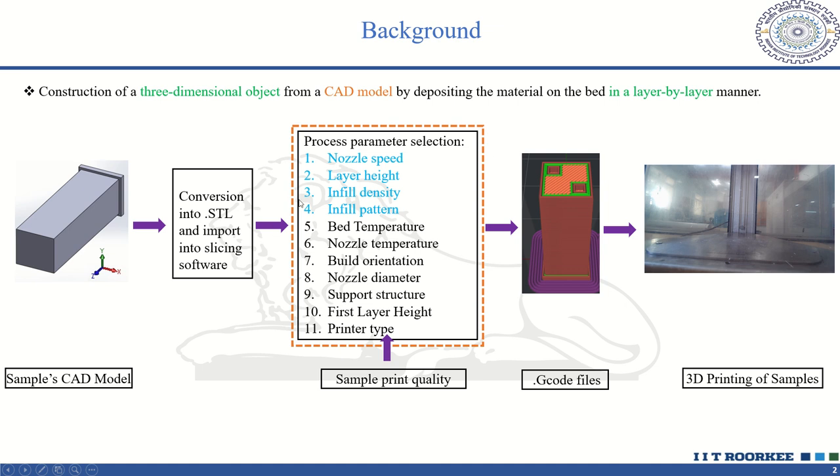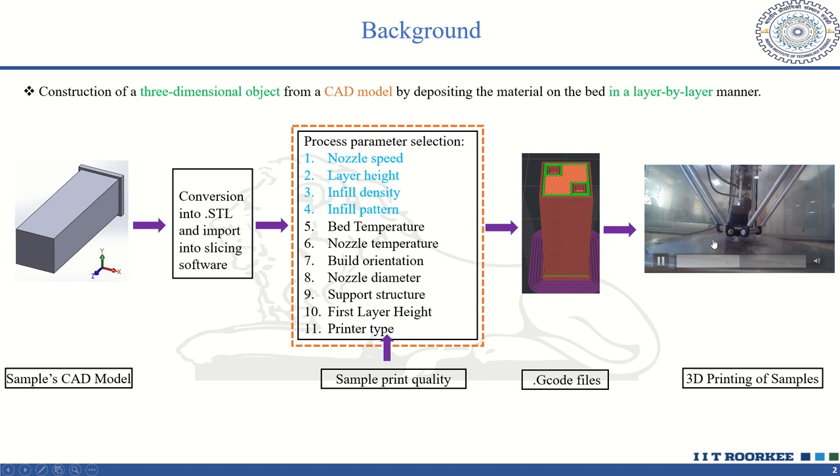In the slicing software, the process parameters are set by the operator, and then it is converted into the G code file. This G code file contains the information about the movement of the extruder. The extruder of the 3D printer moves as per the instructions provided in the G code file to 3D print the sample.